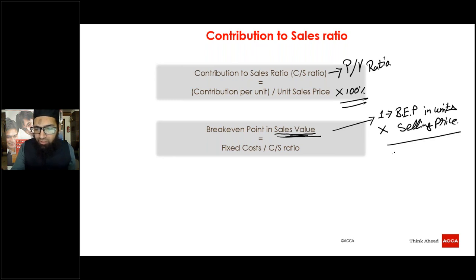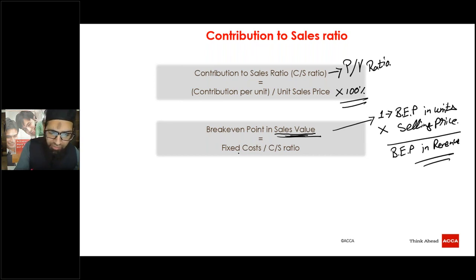I will then have the answer of break-even point in revenue. The other way to do it is to divide the fixed cost by CS ratio.